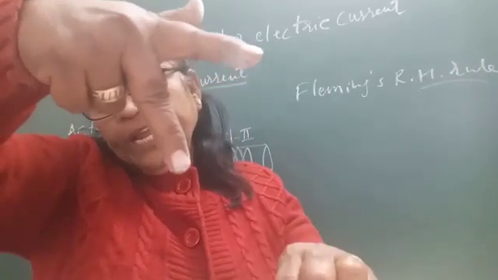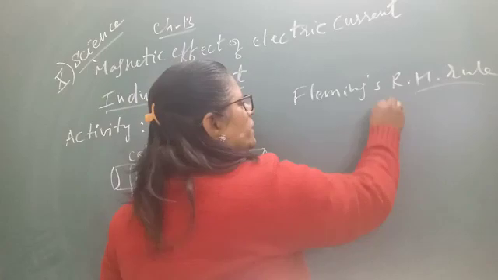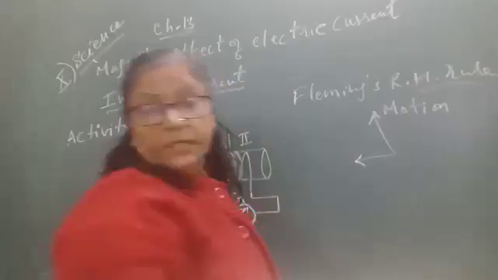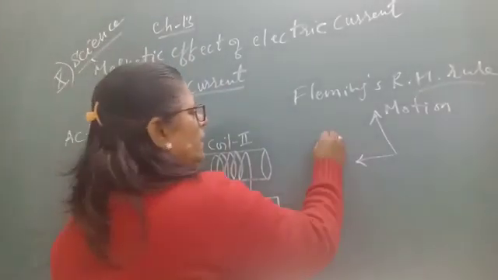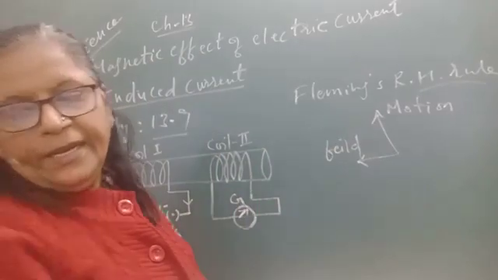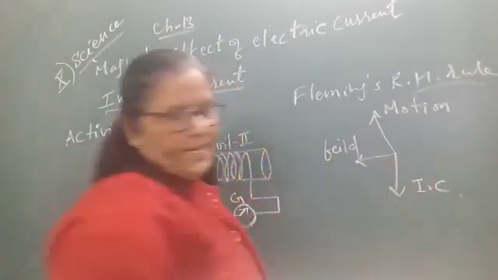So it indicates this motion. The thumb shows the motion, and the forefinger shows the field. Field means magnetic field, and the middle finger shows the induced current.